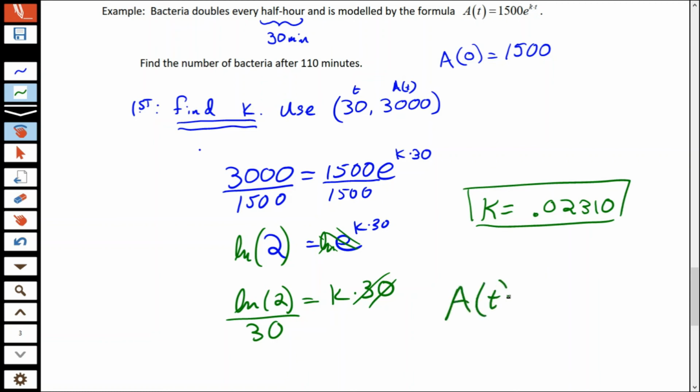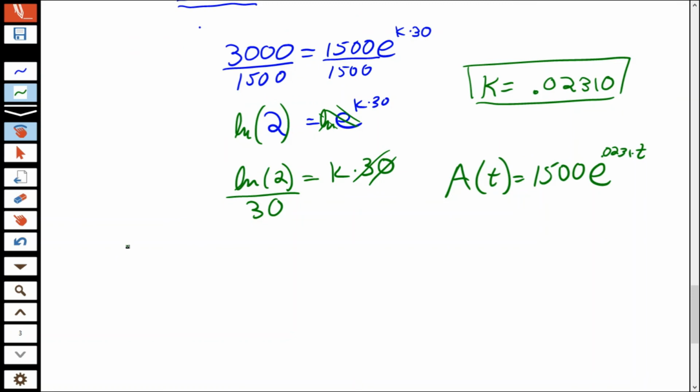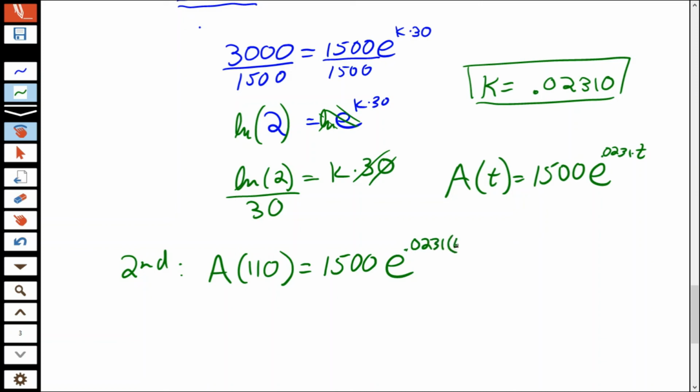A of t equals 1,500 e to the 0.0231 times t, right? And we want to know what is the population after 110 minutes. So the second task here is to find A of 110, which is 1,500 e to the 0.0231 times 110.